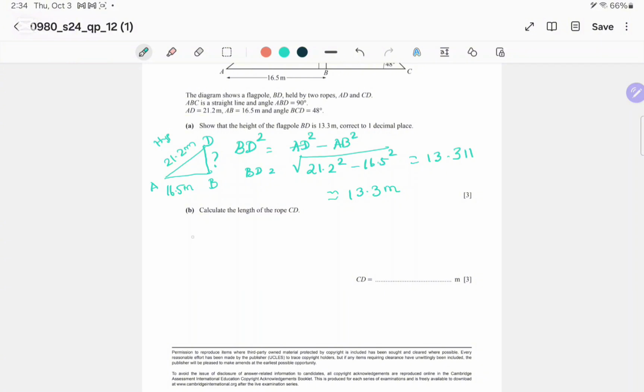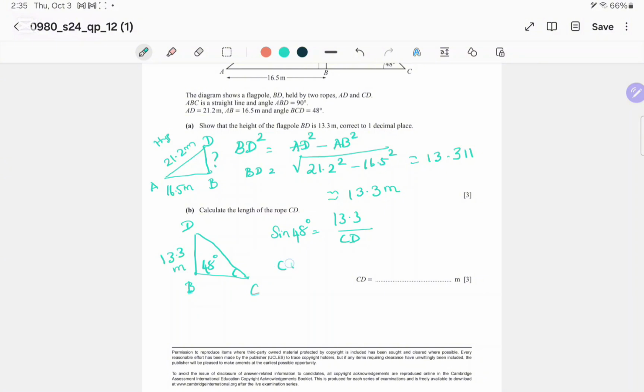Okay, calculate the length of the rope CD. How will you calculate the length of the rope? Now we will take this part because they are asking for CD, the length of the rope. Now we calculated BD just now. It is 13.3 meters. Okay, this angle is 48 they have given. So we have to calculate the side CD. So by using the sine formula, sine 48 equals 13.3 divided by CD.